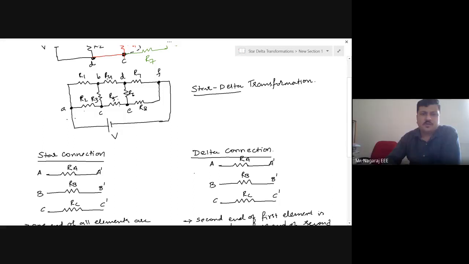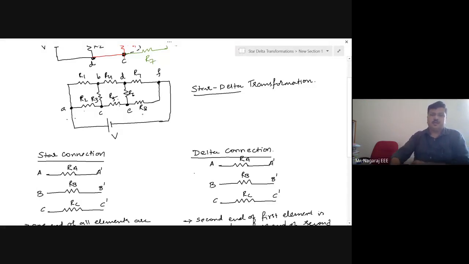R1, R3, R4 are in star. R3, R2 and R5 are in star. R4, R7, R6 are in star. R6, R5 and R8 are in star. So it is a combination of delta and star connections.